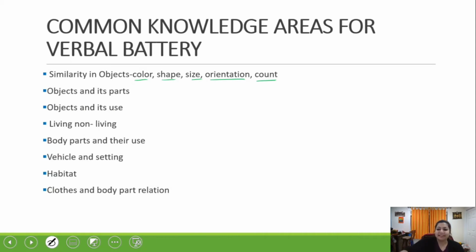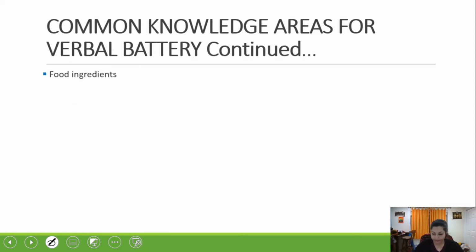Pretty simple. Food ingredients. This is the continued part for the verbal batteries. It's a little bit more complicated list where we have food and ingredients like ketchup comes from tomatoes, and then lemonade comes from lemons. Then we have emotions: sad, upset, happy.